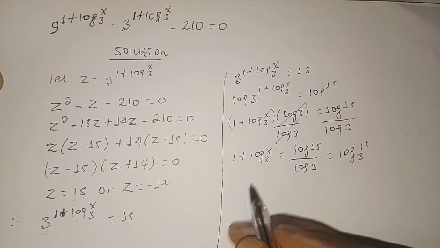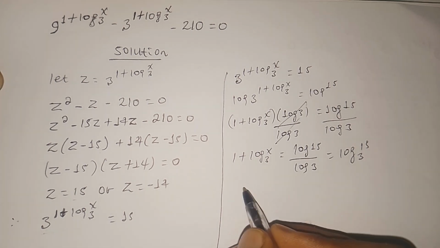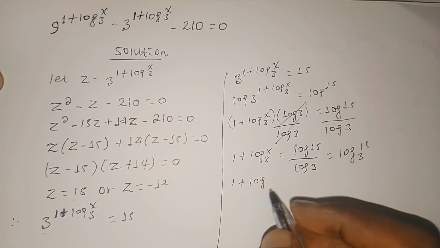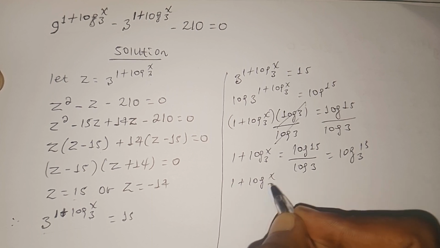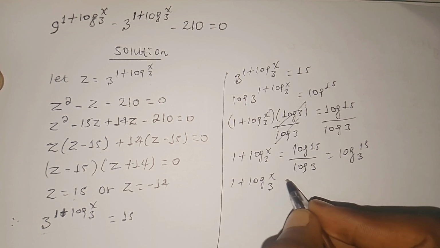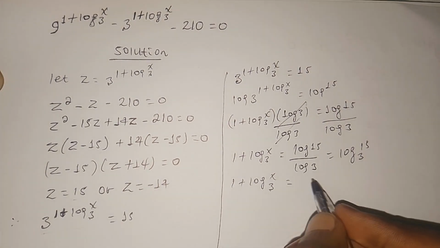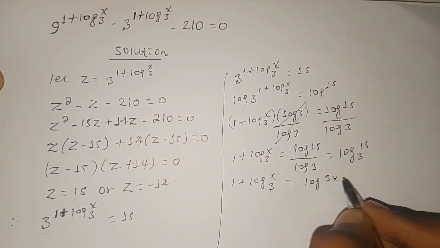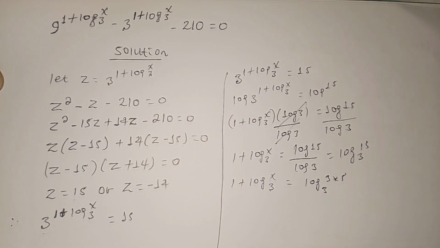Therefore 1 plus log x in base 3 is equal to log 15, which means 3 times 5, in base 3.